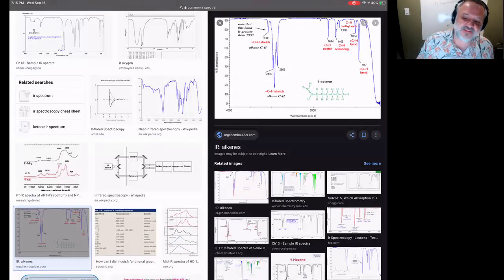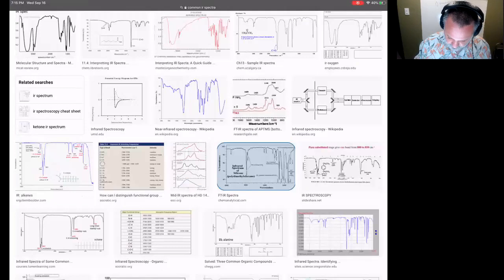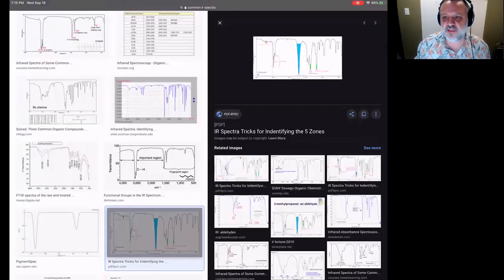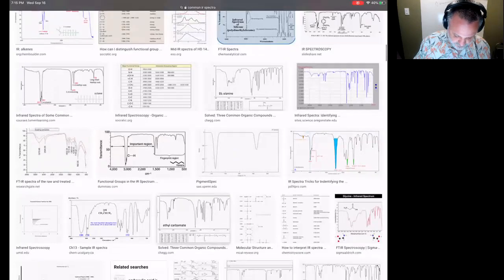Since it's after 3000, it's one of those important peaks that signifies there is some important information in this IR spectra. Let's see if there's just one or two more that we can look at real quick. Oh, did you see this one right away? Look at that. They've highlighted the CO stretch in blue. Let's keep going.